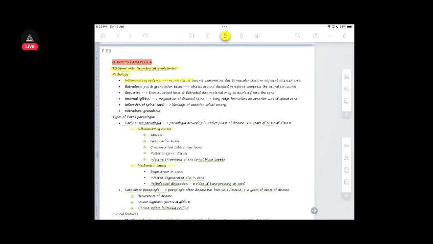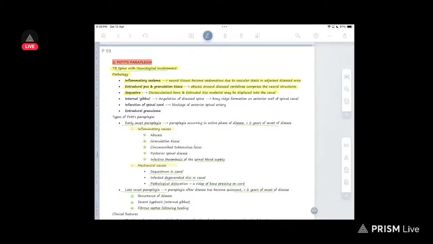You have inflammatory edema. Neural tissue becomes edematous due to vascular stasis in the adjacent diseased area. You have extradural pus and granulation tissue, an abscess around the vertebra that compresses the neural structures. You can also have sequestra, wherein you have devascularized bone and extruded disc material which may be displaced into the canal.